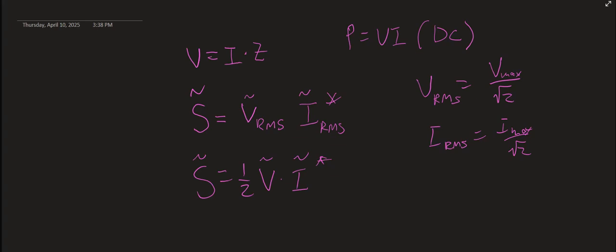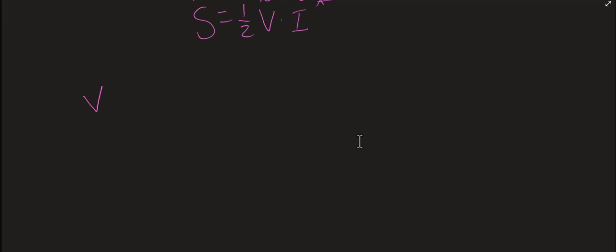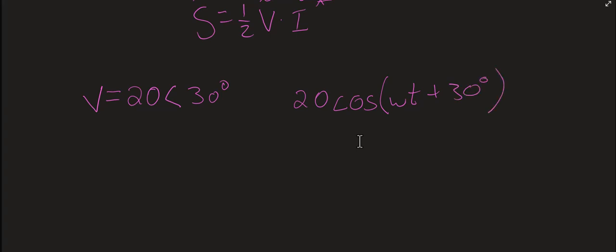V max equals V and I max equals I? Usually, yes. So if this is given to you as V equals 20 angle 30 degrees, that means 20 cosine omega t plus 30 degrees.